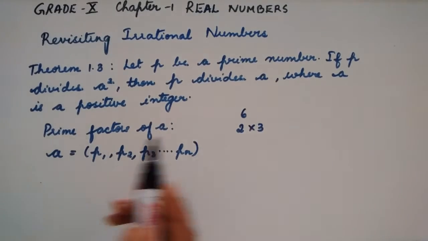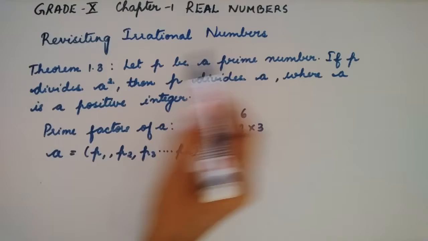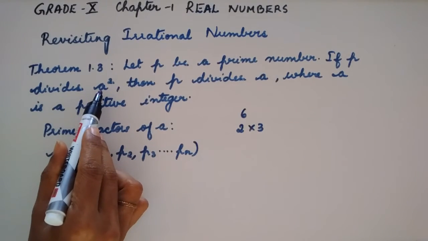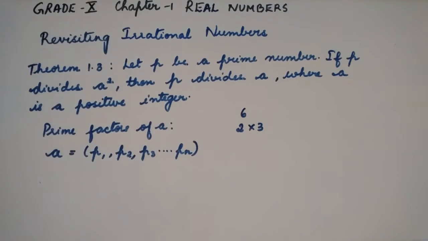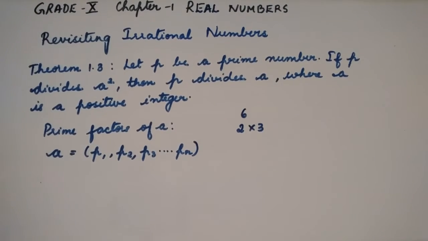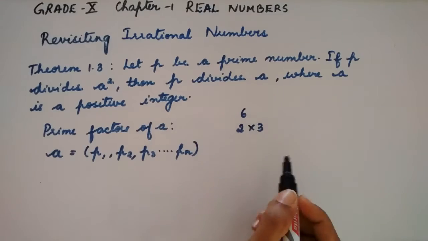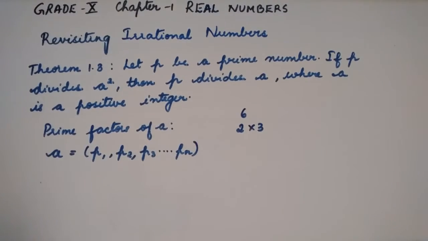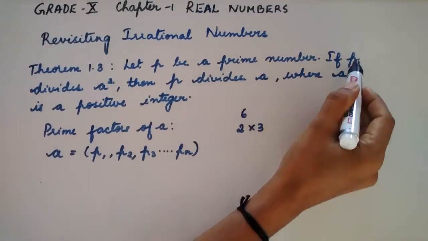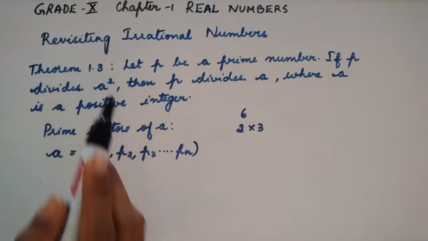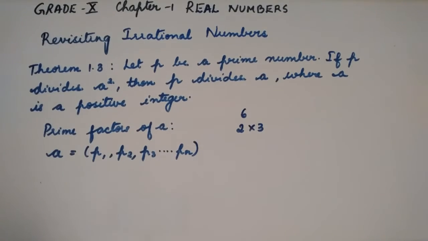And given that p divides a square, that is, 3 divides 6 square, isn't it? p divides a square means 3 divides 6 square.